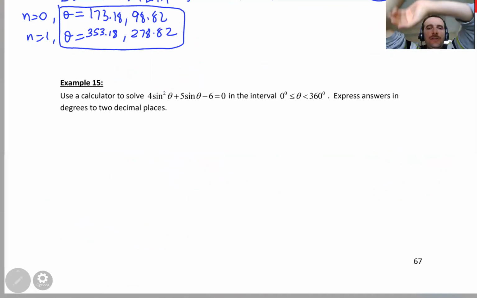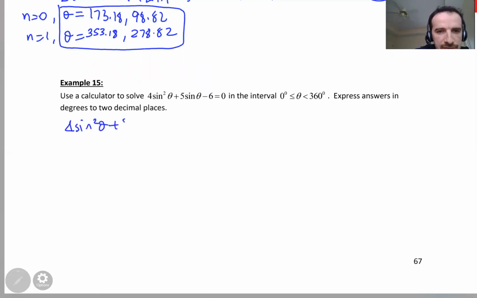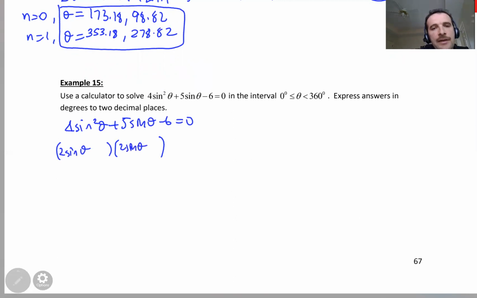Okay, first of all, let's try to factor this. 4 sine squared theta plus 5 sine theta minus 6 is equal to 0. How can I factor it? Let's try 2 sine theta and 2 sine theta. And how can I factor negative 6?